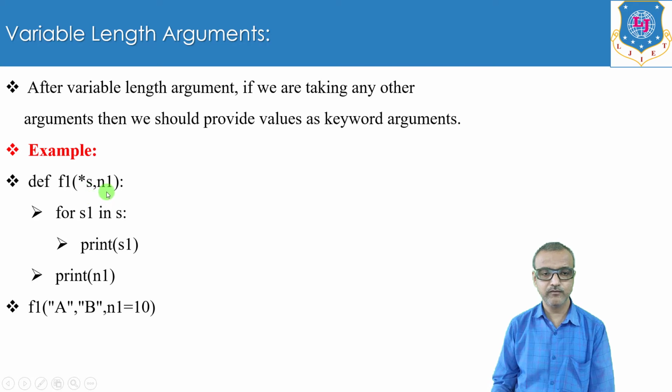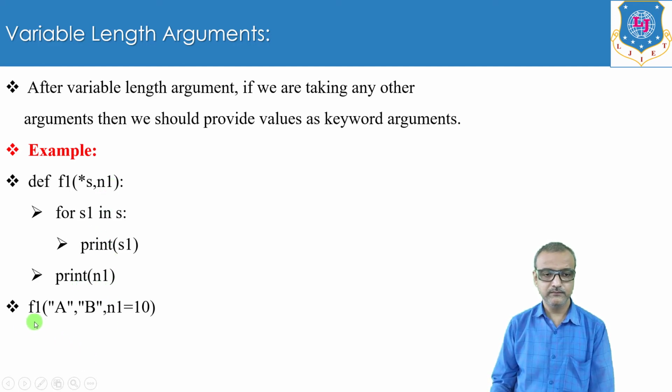If we are providing any argument after the variable length argument, then it must be a keyword argument. Here is the colon. Now in the body of the function, we are checking the presence of every s1 in s. For s1 in s, we have to print s1, and after that we have to print n1.